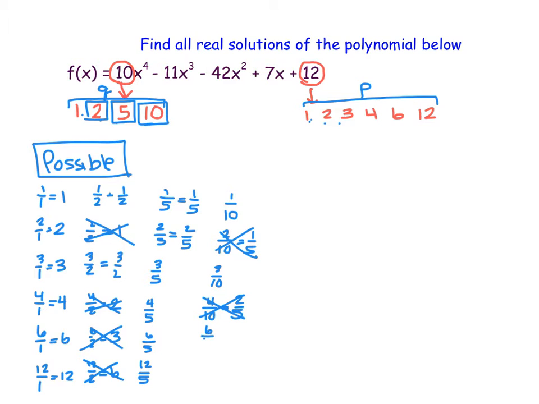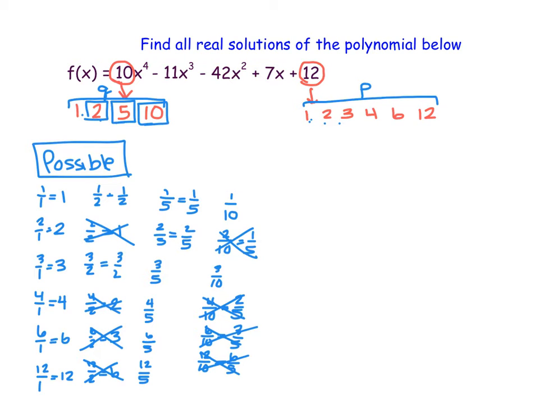We then have 6 over 10, which simplifies to 3 over 5, a repeated number. And then we also have 12 over 10, which simplifies to 6 over 5 and is also a repeated number.